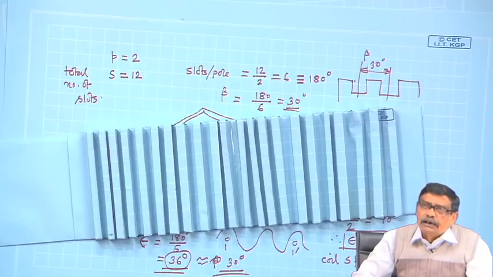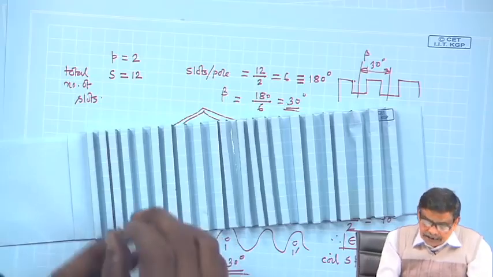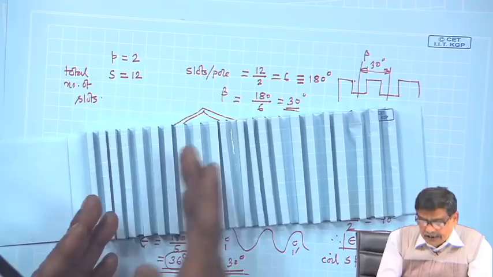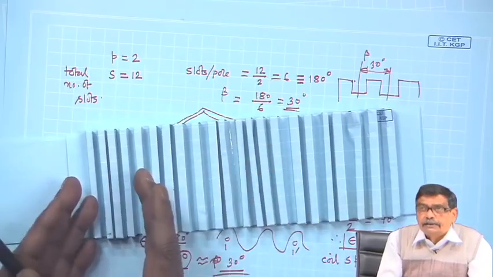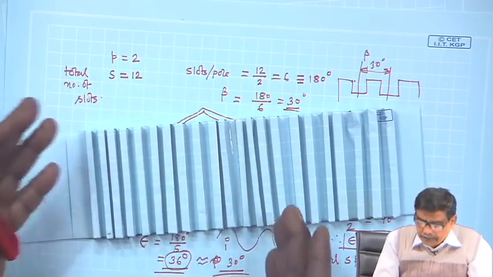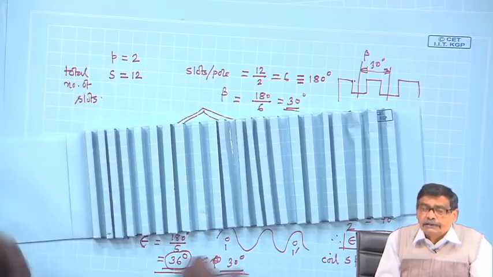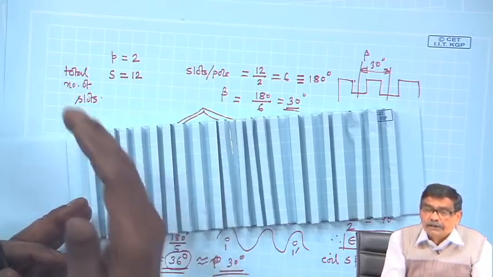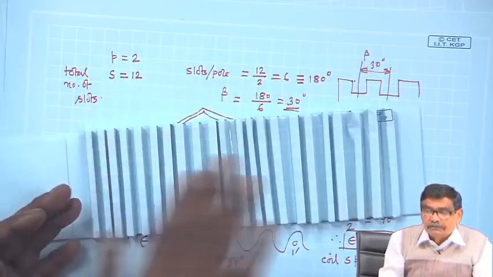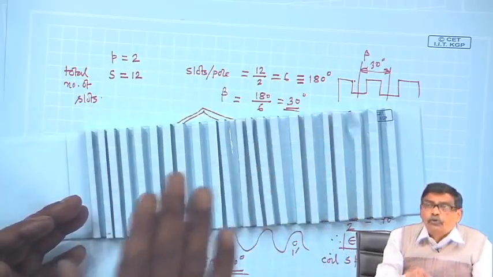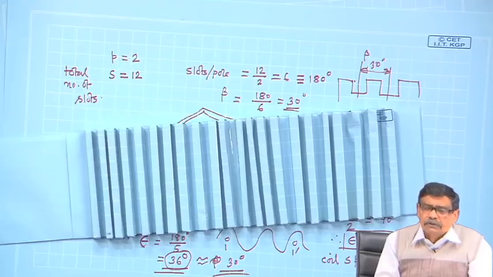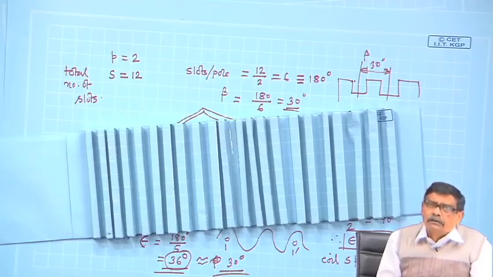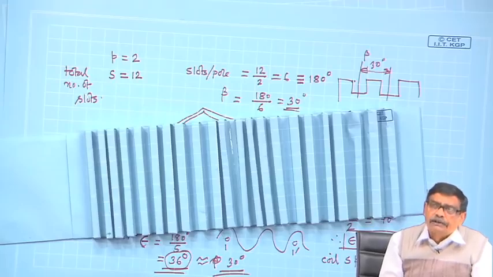But we have shown that if many coils are displaced in space and connected in series, instead of keeping all the coils concentrated, the MMF distribution can be made a stepped one, more towards a sine wave. So the effect of harmonics, still it will be present, but it will be considerably reduced, that is one thing.